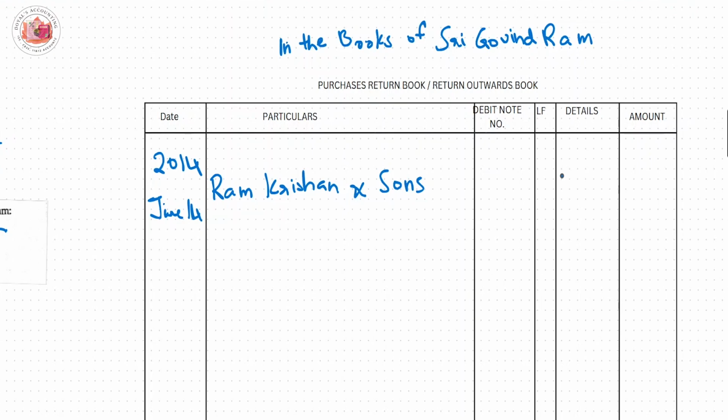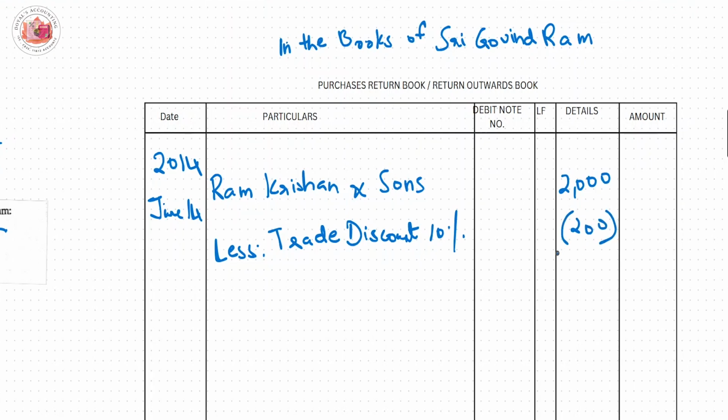So we have an amount of 2000 less trade discount of 10%. So we have to first calculate this. This 2000 will be our gross amount. From this we will deduct 10% to get our net amount of 1800.